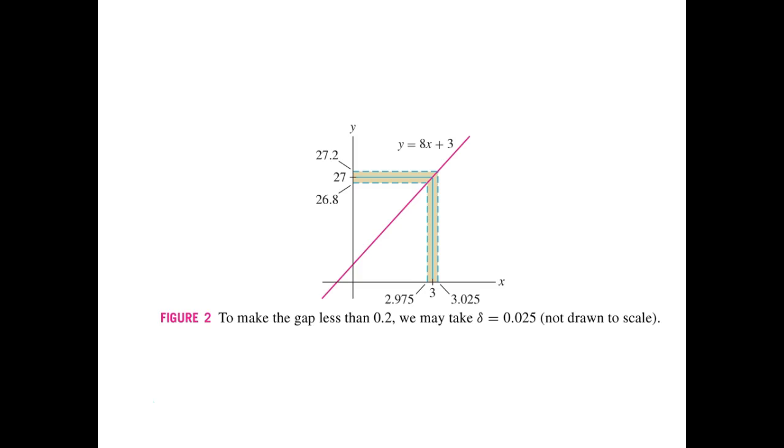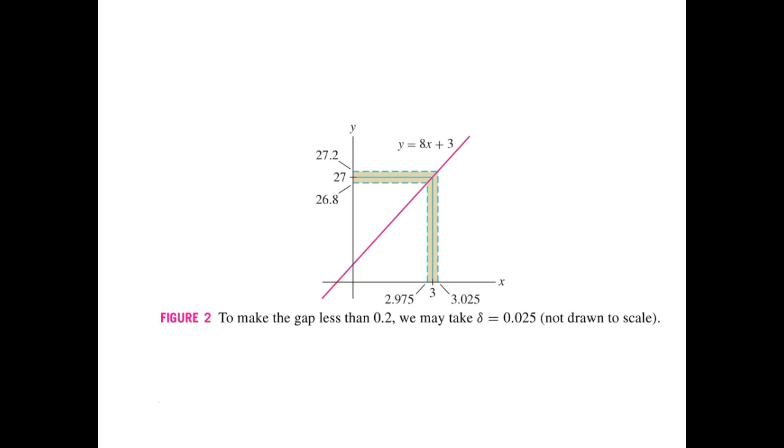Well, here's the function, y is equal to 8x plus 3. That's a good old linear function defined everywhere. Well, that's going to be defined if you choose a delta that's, again, take 1/8 of this and you get this. And they say this is not drawn to scale. Obviously not, because this is 27 here, that's 3 there.